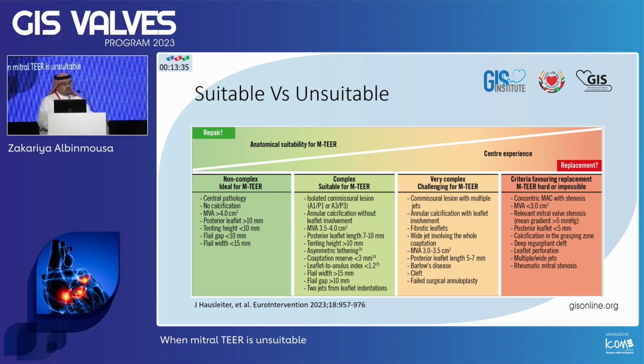Now, although the title of the talk is suitable versus unsuitable, in reality, this is maybe difficult to apply. I like to use the favorable versus unfavorable label, because you would like to be on the left side of this table, where the criteria or the anatomy of the mitral valve are more favorable for TEER.